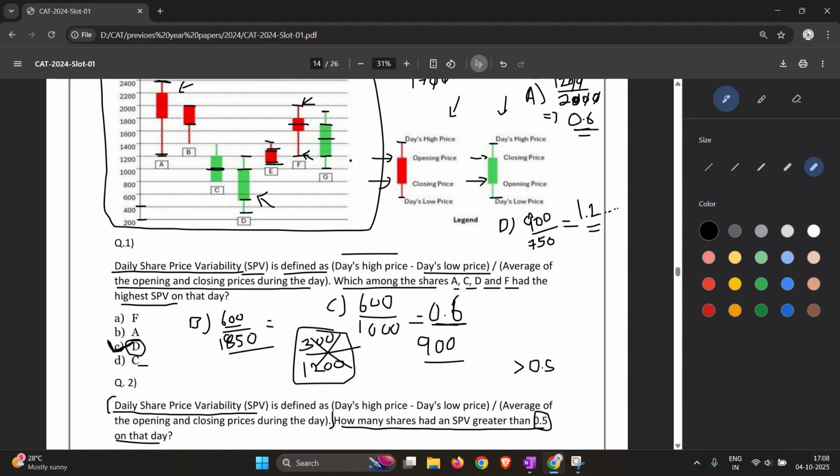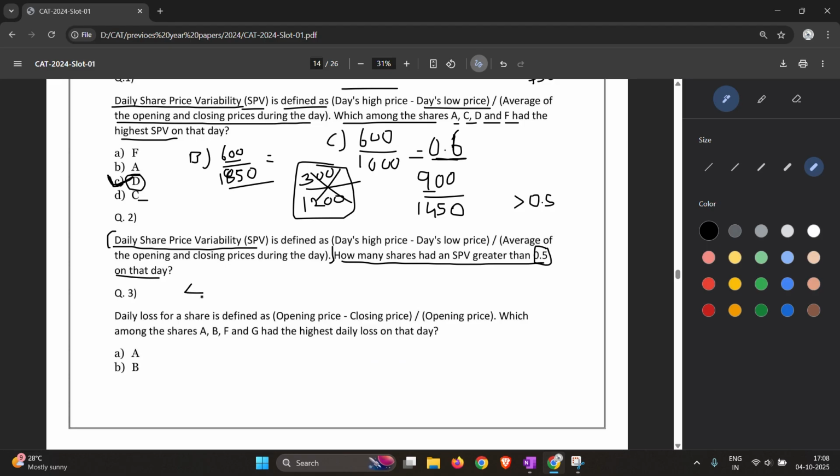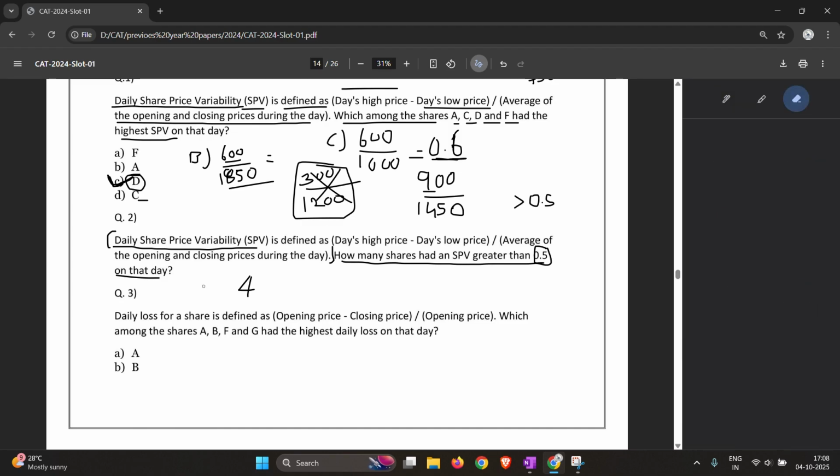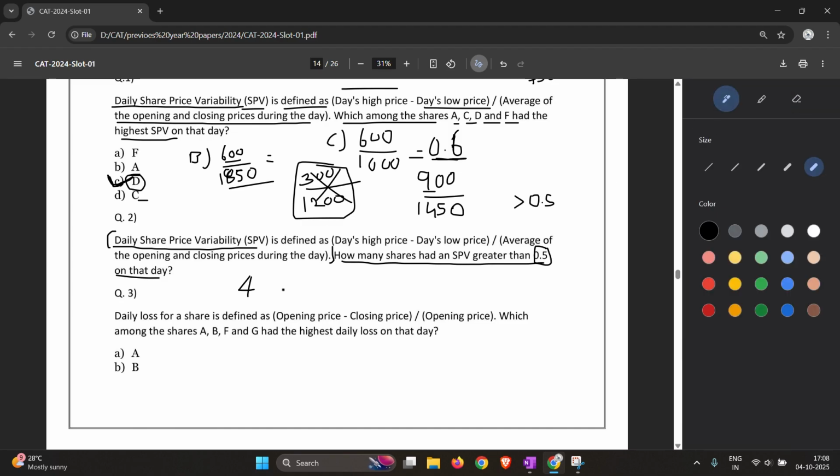So it is 1450. So yeah, this is greater than 0.5 since 9 times 2 is 18, which is greater than 14. So we can say that G also has a SPV of greater than 0.5. So how many shares in total? 4 shares is the answer. So the answer is 4. 4 shares have a variability of greater than 0.5.